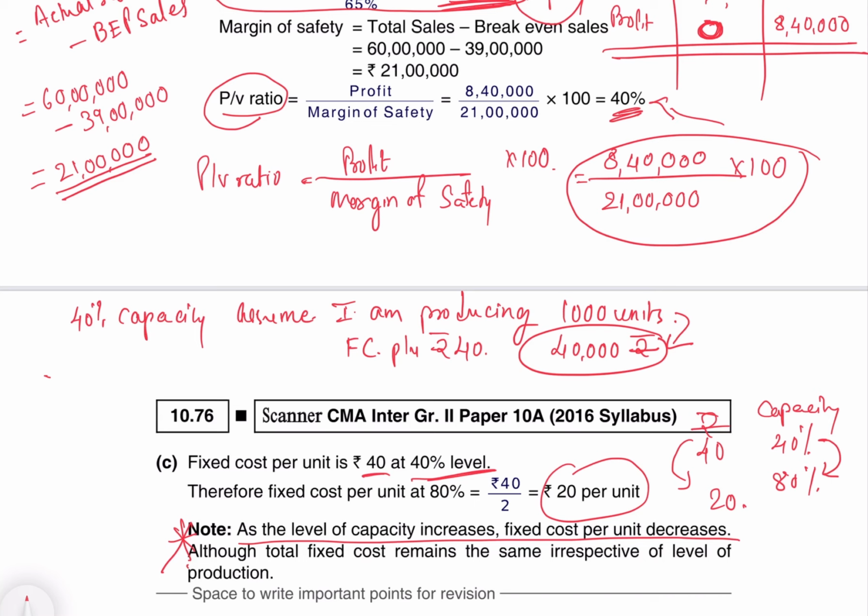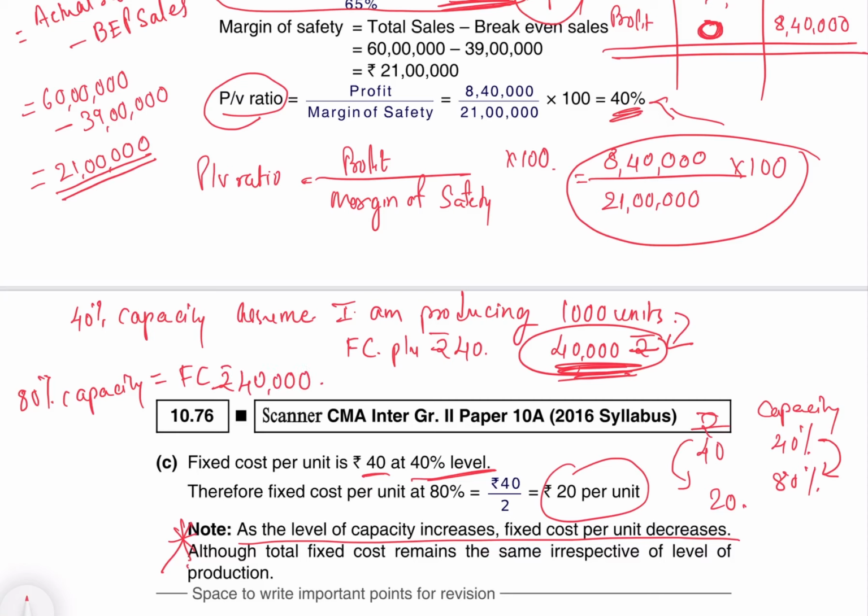Okay, fixed cost is constant, correct? Fixed cost is constant. So irrespective of the level of capacity increasing or decreasing, my amount remains constant. So can I say 40,000 will remain constant at 80% level capacity also? So can I say at 80% capacity also my fixed cost is rupees 40,000, right?